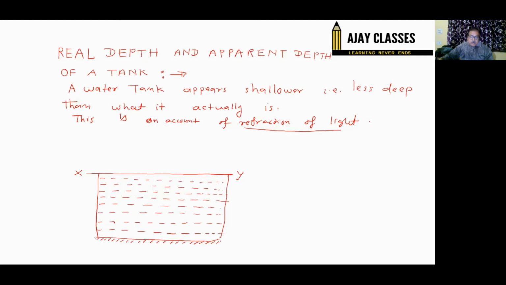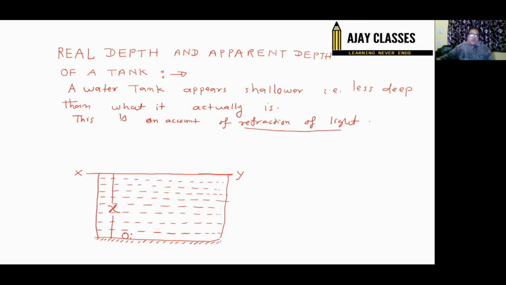Suppose we consider a point as the real depth of the bottom, for which we think that x is the real depth of the tank, and it is at a point. Suppose we have chosen any one point O.